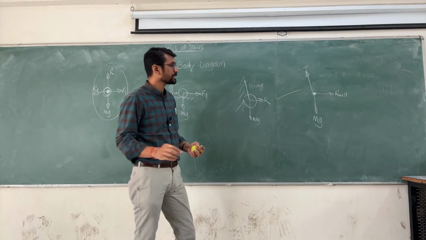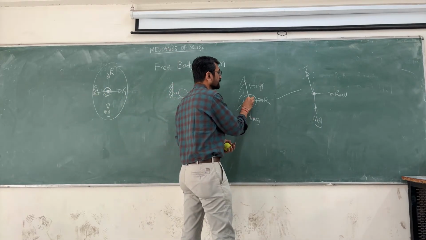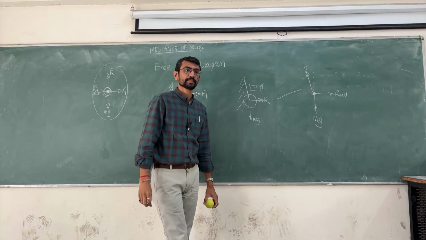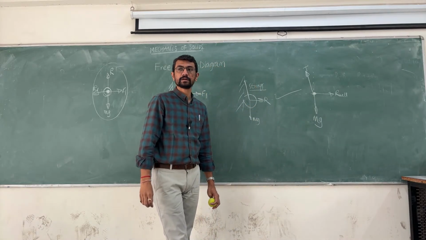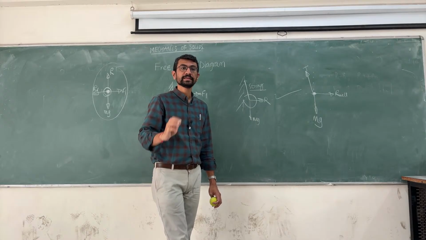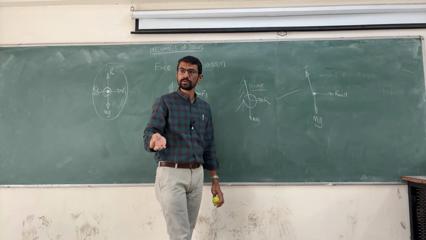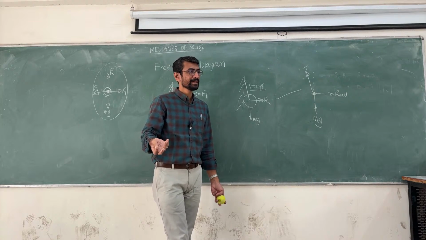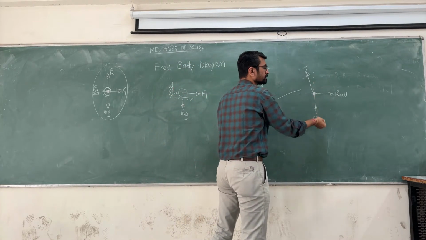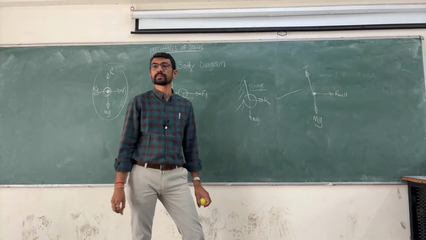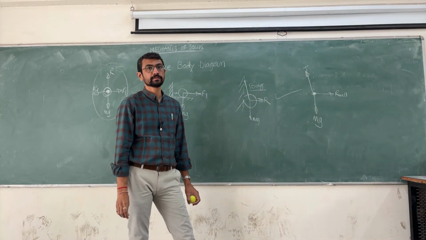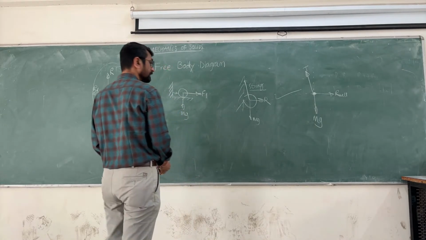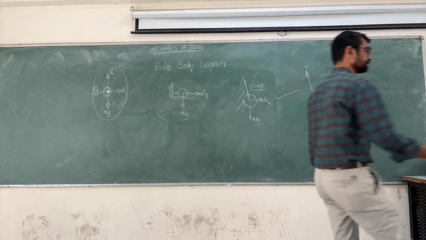So now you can easily understand that if I tell you to calculate the tension in the string, can you calculate? Yes. This is just what? Resolution of forces. Can you do it? Okay. Let us see one more example of a free body diagram.